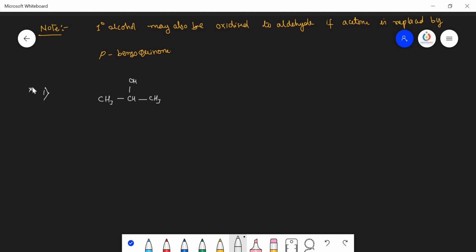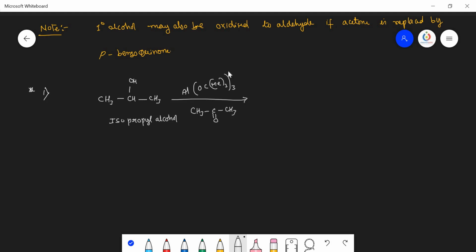This is in your NCERT textbook. This example. This is called the isopropyl alcohol. So this isopropyl alcohol, when subjected with the aluminum tertiary butoxide, generally we use aluminum tertiary butoxide for oxidation, aluminum isopropoxide for the reduction, and we use CH3, C double bond O, CH3 acetone.